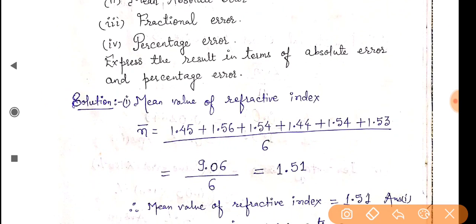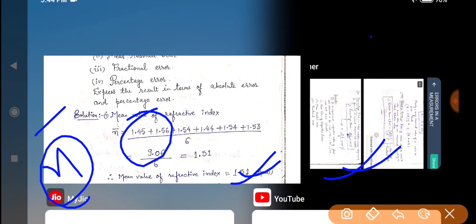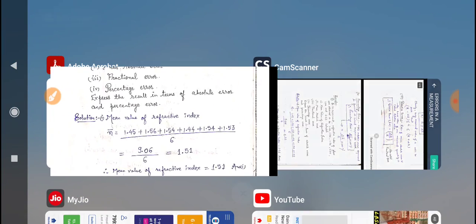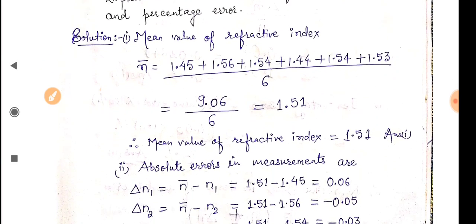Simply we have to add all these given observations and divide them by the number of observations, that means 6. So you will get 9.06 divided by 6, and this will give you 1.51. n̄, where n is for refractive index, n̄ represents the mean of refractive index. Okay dear students, let's continue.